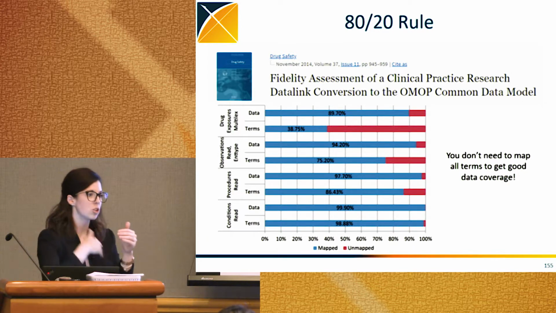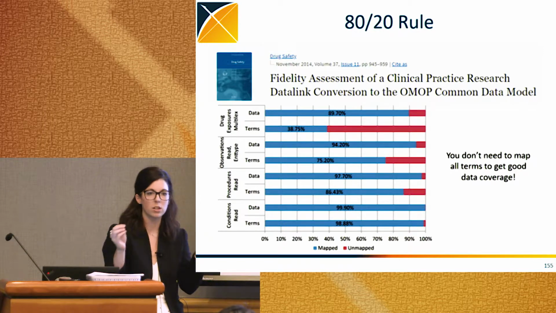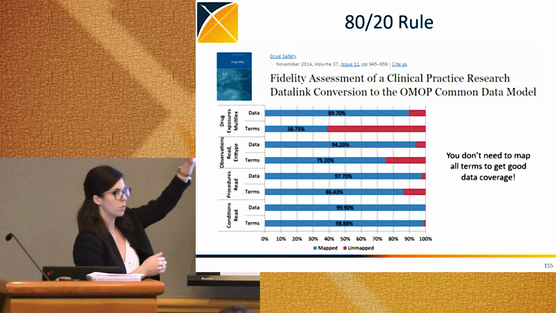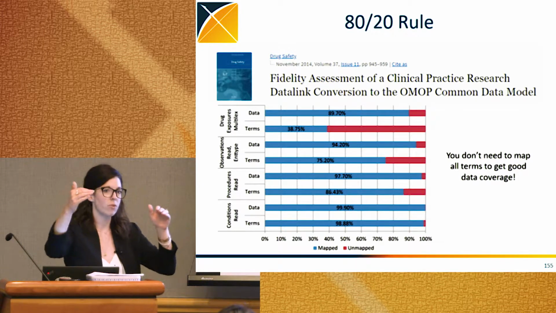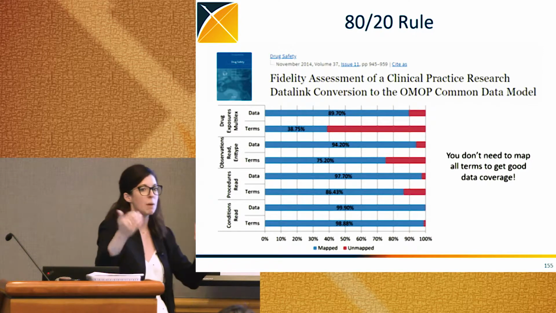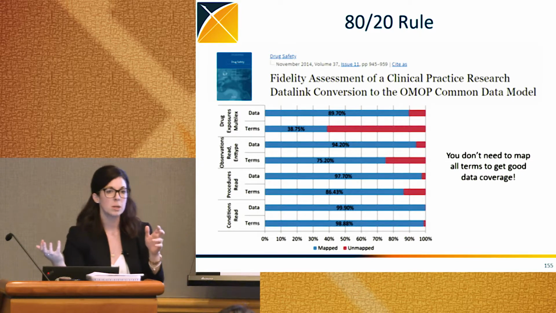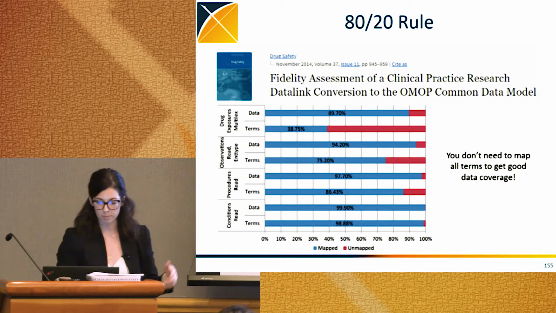So don't kill yourself over the last few codes that have very few records. You don't need to worry about those, it'll be okay. But you really want to focus on those heavy hitting codes, which is why, looking through version 1 and version 2 of CDM Cynthia, we really wanted to get those mappings done, because we were missing a big chunk of our conditions. And it would have totally thrown off any evidence that we were trying to generate.